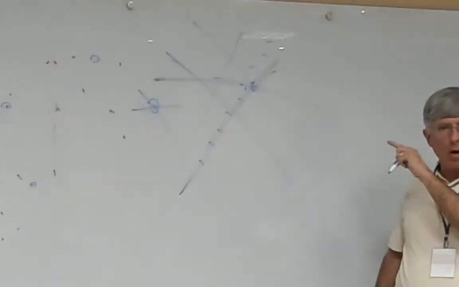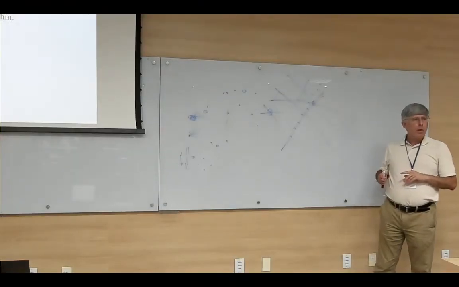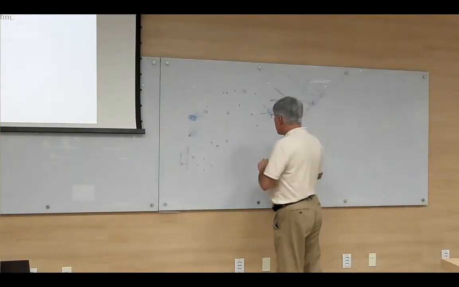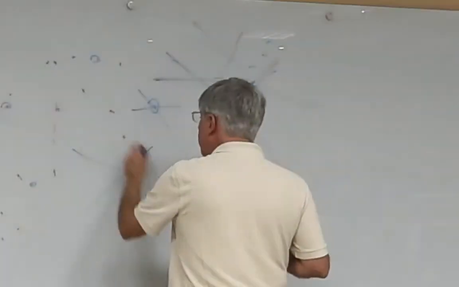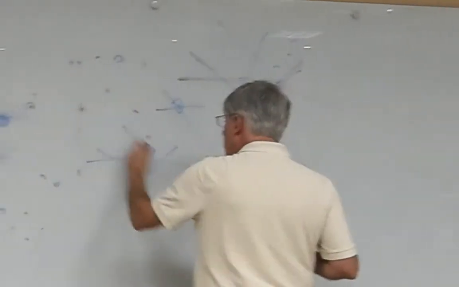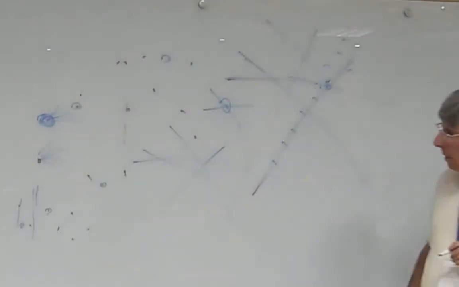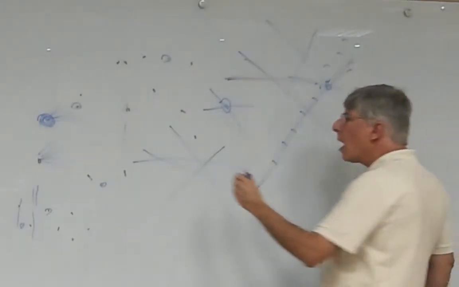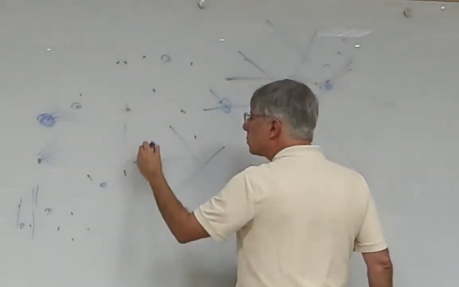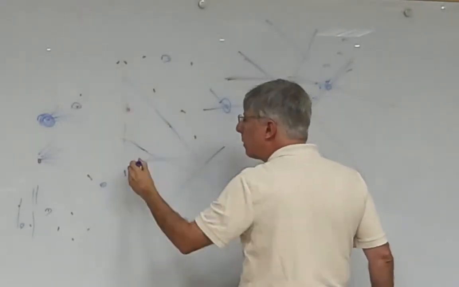But what about the case where I have lines? Does my sweep line algorithm now make sense to me? Yes, my sweep line algorithm clearly works for the case of lines. What am I going to do? I've now got an arrangement of n lines. I'm going to start with my lines going out to infinity.